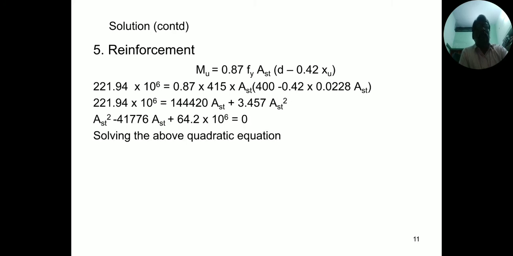Solve the above quadratic equation using minus b plus or minus root of b square minus 4ac, by 2a. AST is equal to 1597.9 mm square.